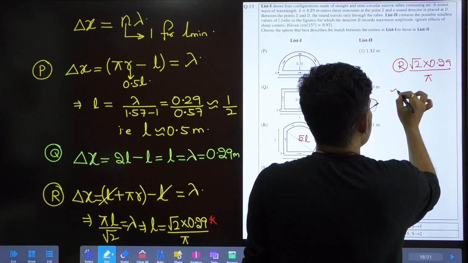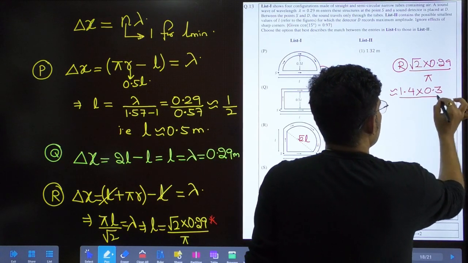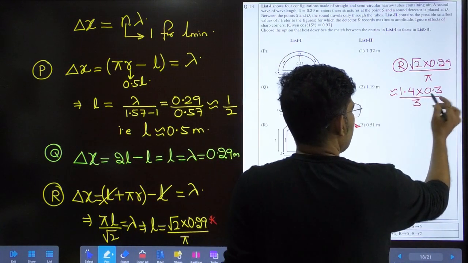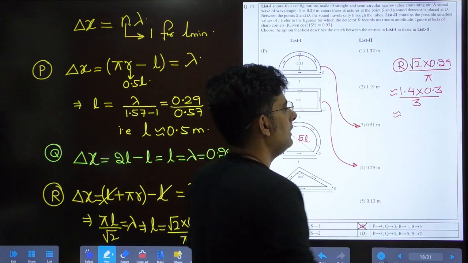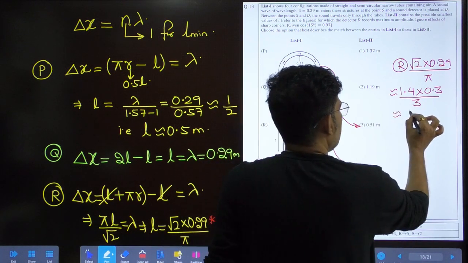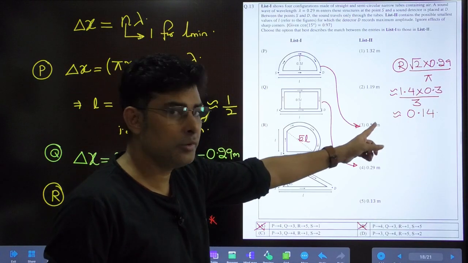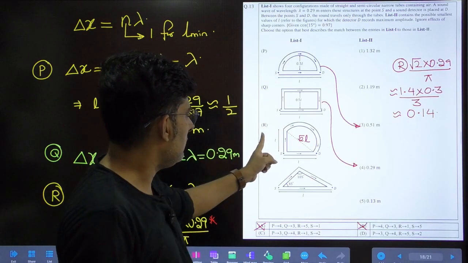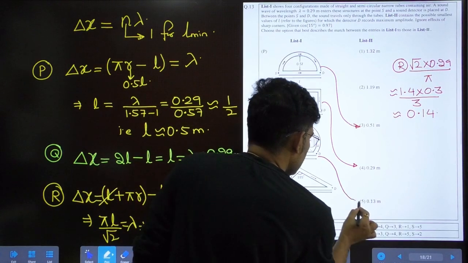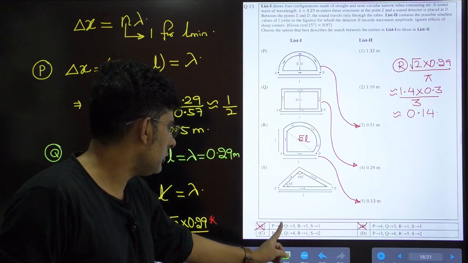See, root 2 I can use as 1.4, 0.29 approximately you can take as 0.3, pi approximately you can take as 3.14. So from here this will come to 0.3 into 10, so 1.4 by 10, this will become 0.14. So do we have any option which is very close to 0.14? Yes. In R we can see 0.13. This one seems to match. So R is 5. So P is 3, Q is 4, R is 5.